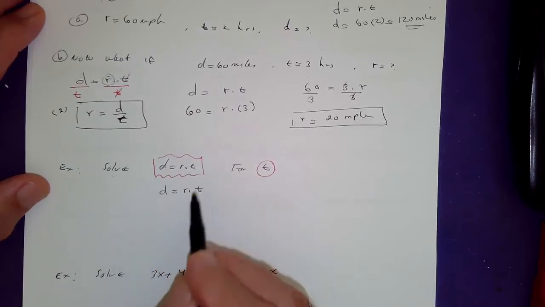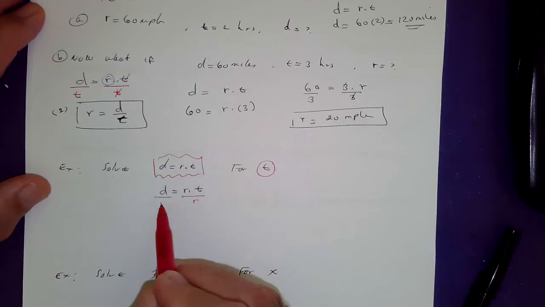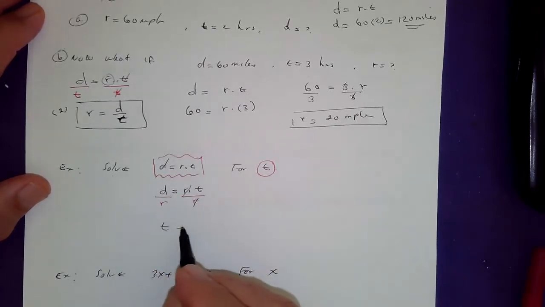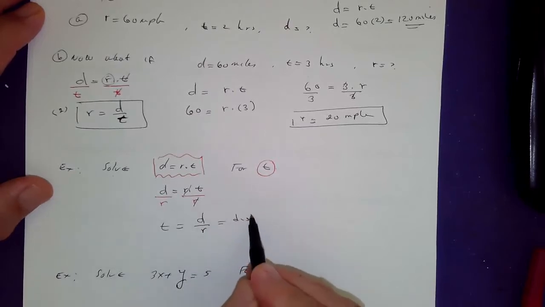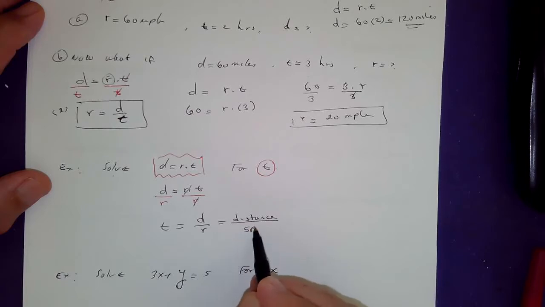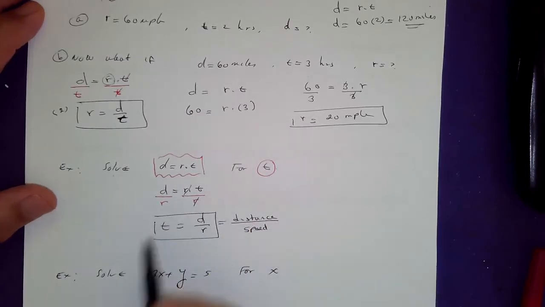So to isolate t, I divide both sides by r. And the r's cancel. So t is equal to d divided by r, which means to find time, all I have to do is divide distance by speed.